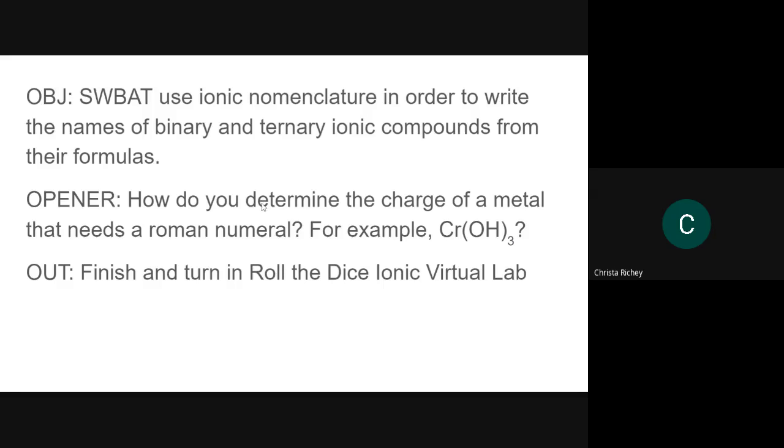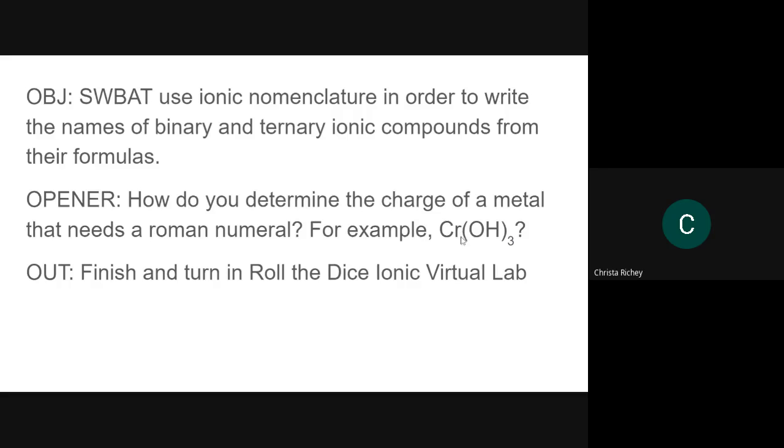Okay, so the way that you determine it is basically what I did on the board. You're going to know the negative charge. In this case, hydroxide's -1. However many you have, which is 3, times its negative charge. 3 times -1 was -3. The positive side is going to be opposite that, so +3.